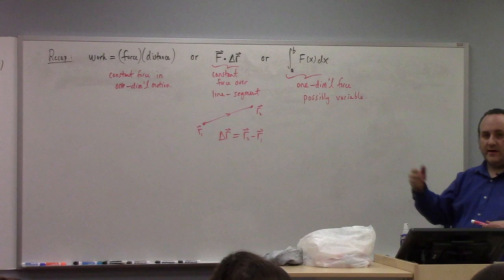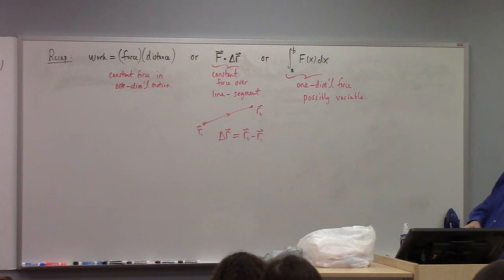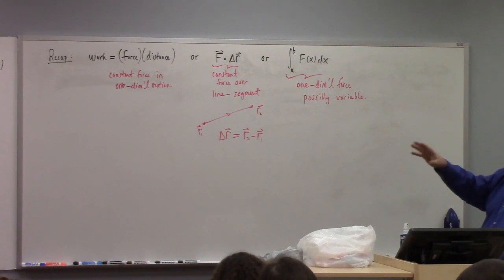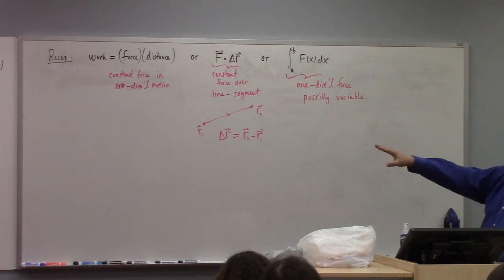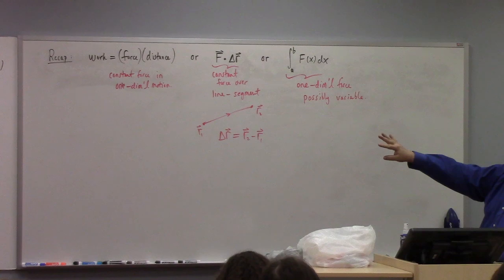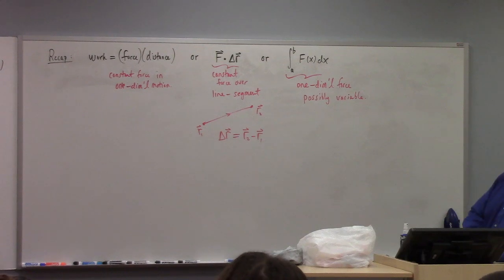So this definition of work I wrote in the middle of class today addresses all of these different cases as special cases. It allows for the possibility that the force is changing direction. It allows for the possibility that the physical motion's not just over a line segment, it's over a curve. This is the general definition of work. This is what we need to understand work is in the abstract.